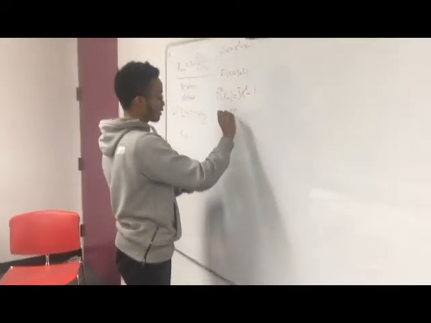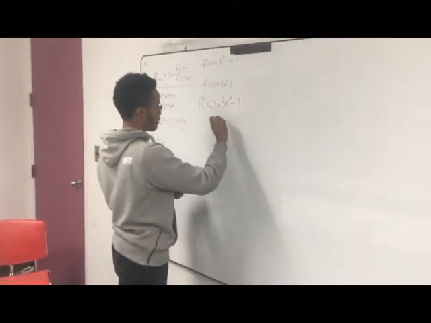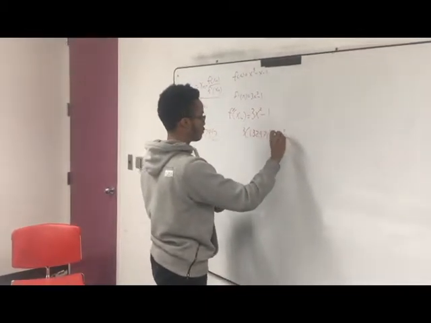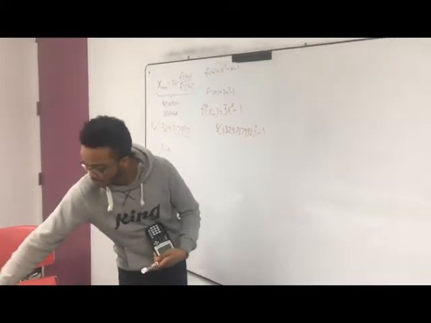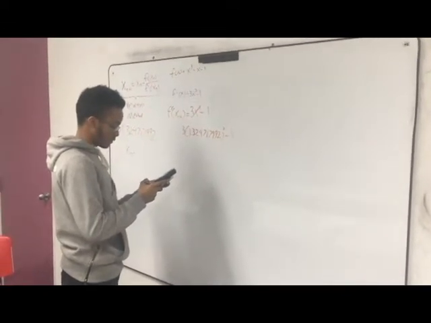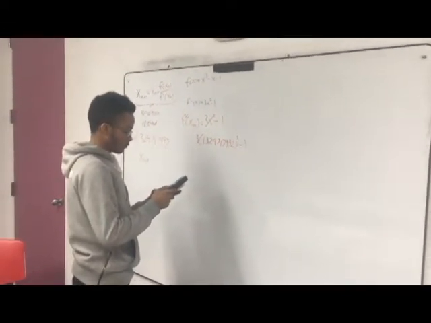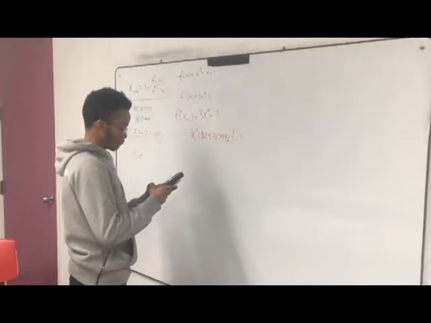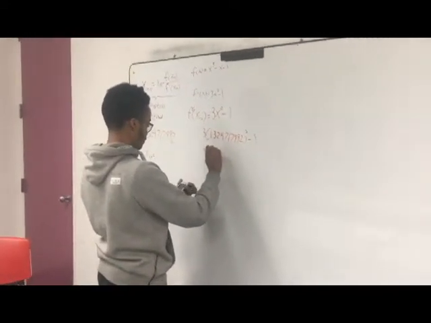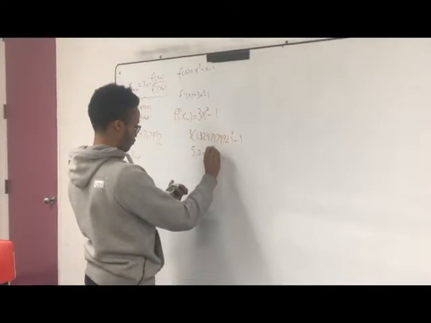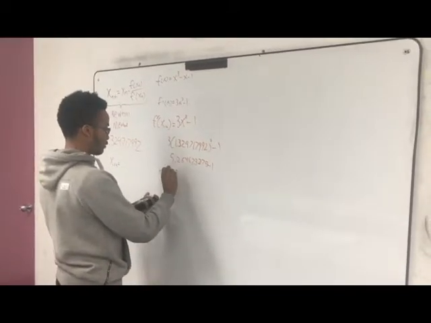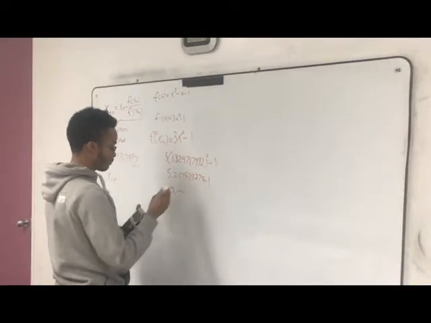Plug that in. 3 times 1.24 minus 1 is 5.26463.3275 minus 1, which can be easily equated to 4 point something.